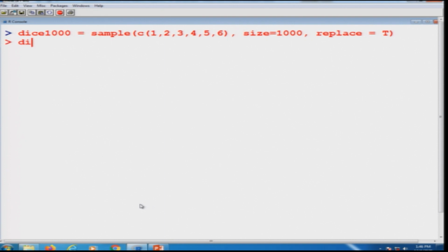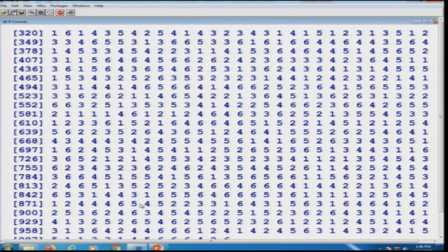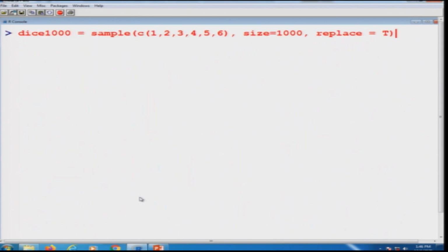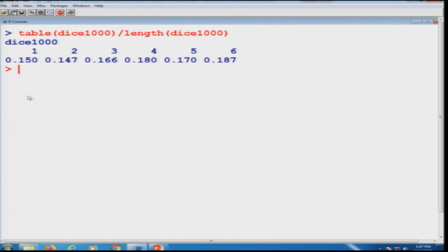You can see these are the 1000 observations which are generated like this. Anyway, I am not bothered about this. But let me compute the relative frequency of these 1000 observations. You can see now this is like 0.15, 0.147, 0.166 and so on.